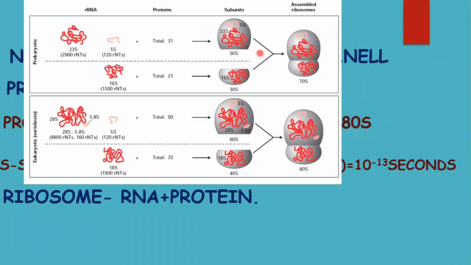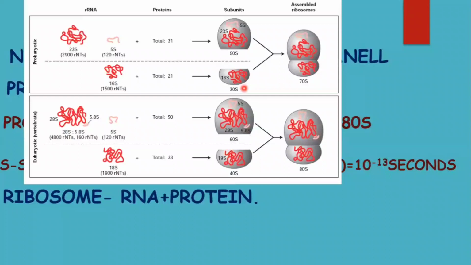So these two units are separated. This one is called the larger subunit, this one the smaller subunit. Larger is 50S, smaller is 30S. Now again here students object: so 50 plus 30 is 80? Please understand this is not mathematical addition, because when they combine, their sedimentation coefficient becomes 70.